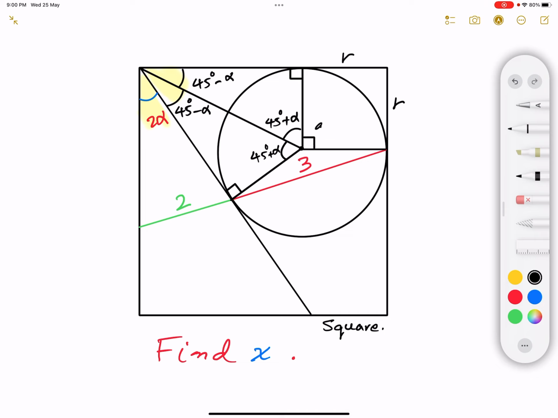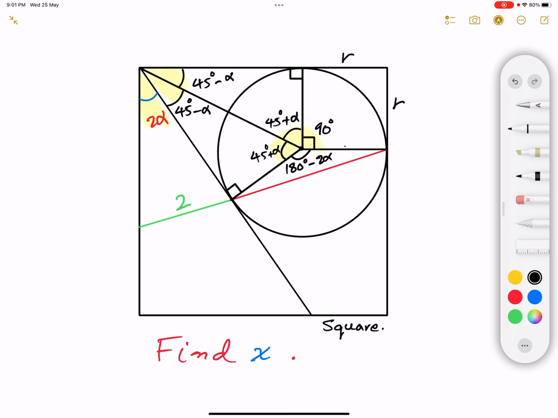So that's 90 degrees. So that makes these three angles here equal to 90 plus 45 plus 45, that's 180 plus 2 alpha. So that makes this angle here equal to 180 degrees minus twice alpha.